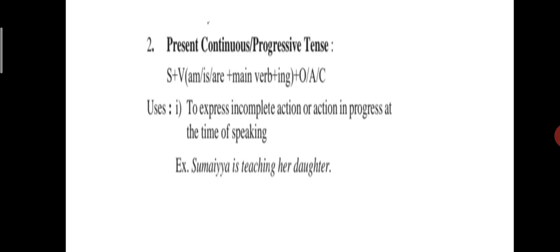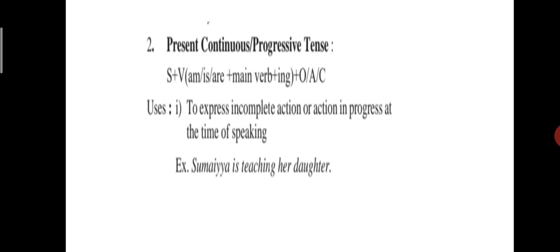Uses: to express incomplete action or action in progress at the time of speaking. In present continuous tense, there is an action in progress at the time of speaking. Example, Sumaya is teaching her daughter. It is a present continuous tense.